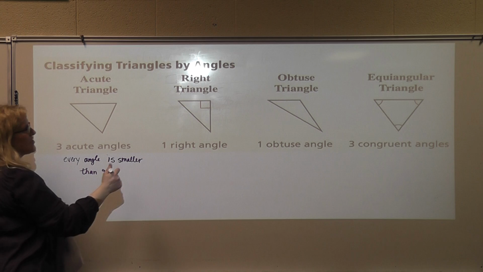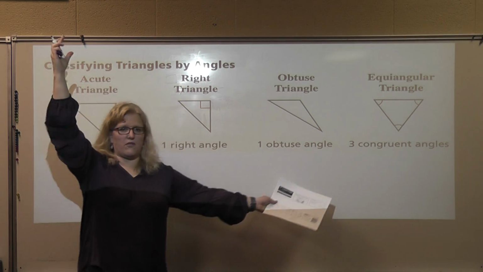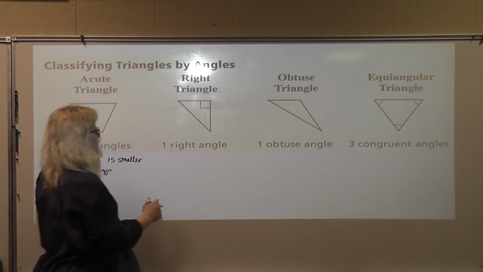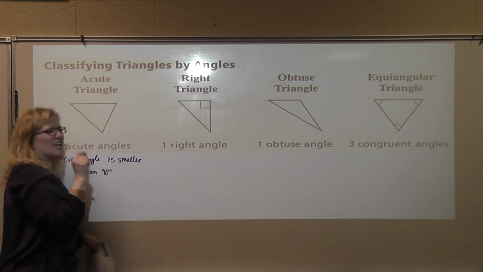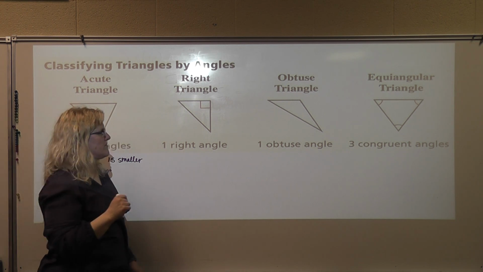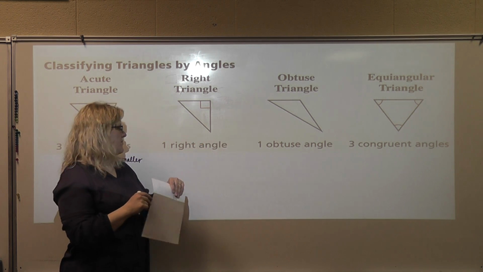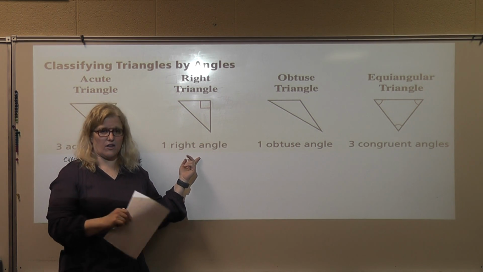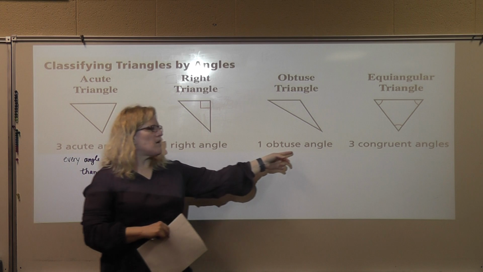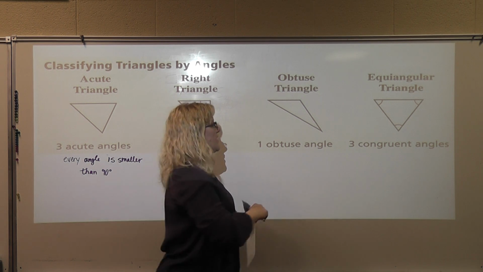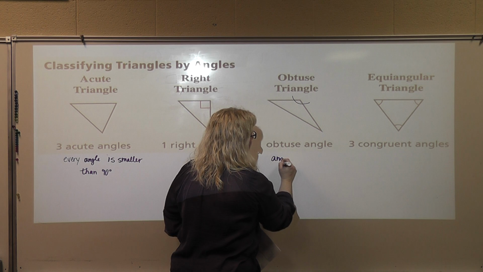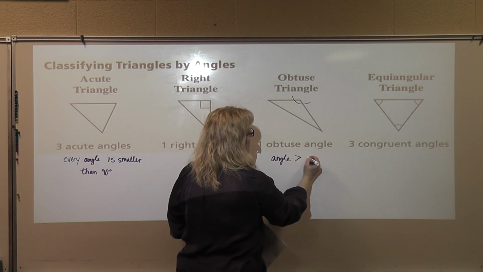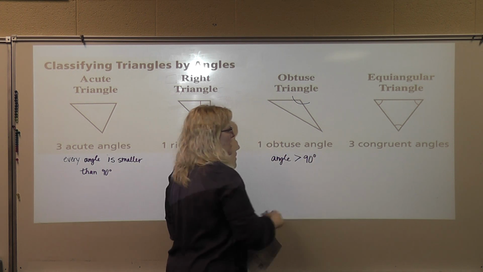So 90 degrees, this is a 90-degree angle, it's perfectly perpendicular. If they're all smaller than that, then it's a cute little triangle. Right triangle, it has one right angle, okay? An obtuse triangle is one that has an angle that is bigger than 90 degrees, okay?